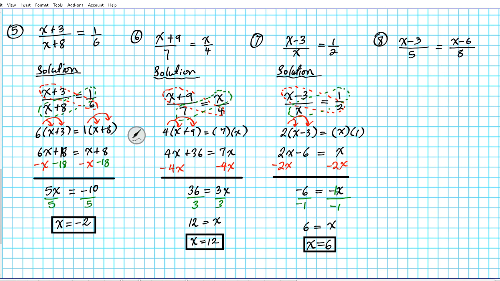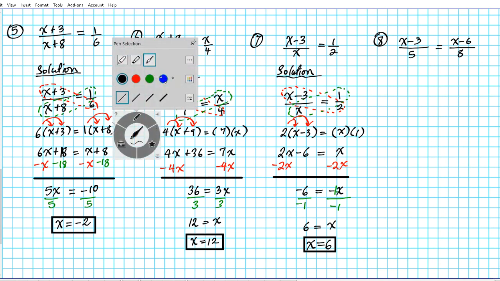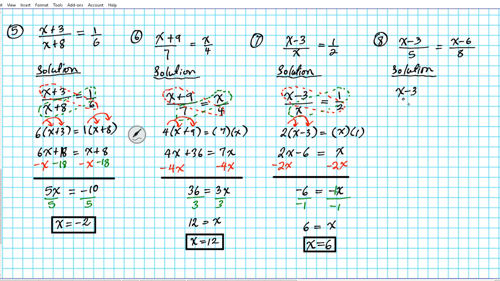Okay, so what we're going to do here, we are going to use the star method again, just cross multiply to get rid of the denominators, and then solve the resulting linear algebraic equation. Same procedure that we followed for the previous problems, we're going to apply it here again. So let's go ahead and put in our nice little star.